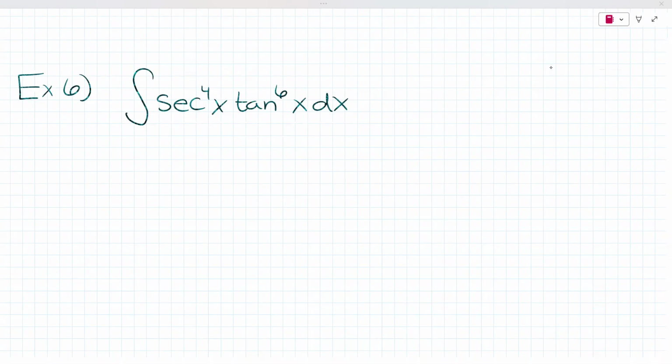So what do we have? We have a secant and a tangent. And what do we know about their degrees? They're both even.